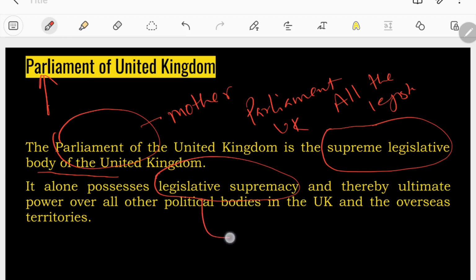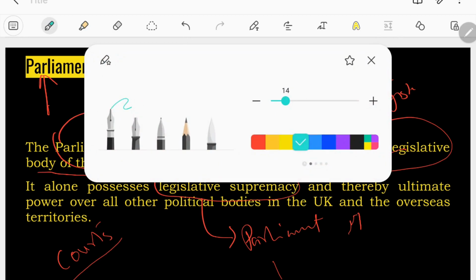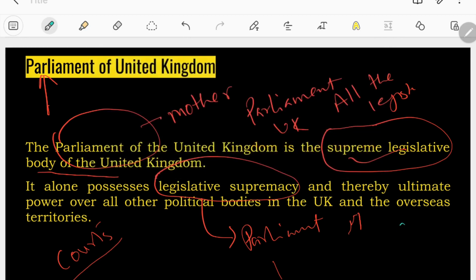So whatever laws are going to be made by this Parliament, it is almost binding. Even the courts, most of the time, are just interpreting the laws which have been made by the Parliament. Because in the United Kingdom, Parliament is not only a supreme legislative body, it is also, you can say, the most powerful institution as well.